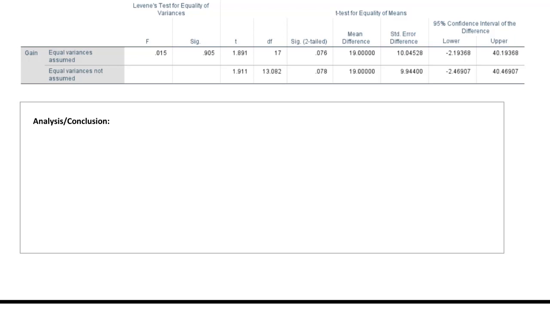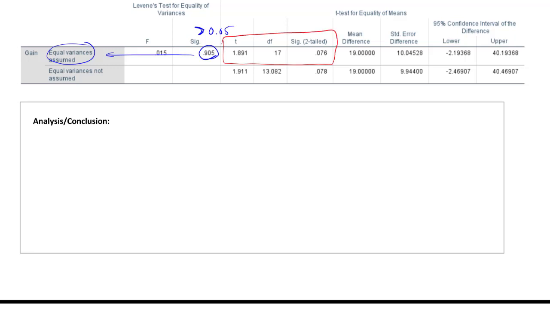So once again, let me recap. Because this was greater than 0.05, that means that I can go with the equal variances. So I'm going to be using the first row here.